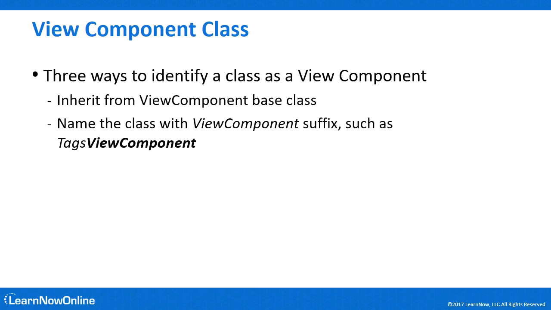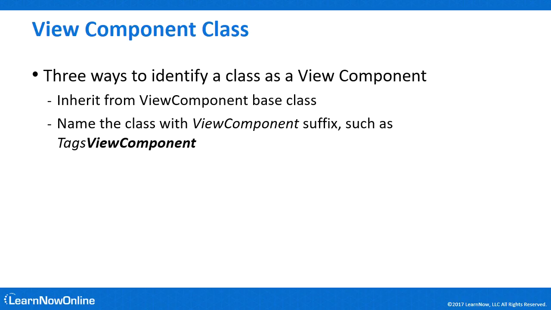For example, TagsViewComponent, for maybe a tag cloud or a summary of the tags that are available on your site with links to all of the blog posts with that tag applied, whatever it might be. But the important part is that the name of the view component is Tags, and that's what you use within your code. But you name the class TagsViewComponent, and then ASP.NET Core identifies that as a view component and knows what to do with it.